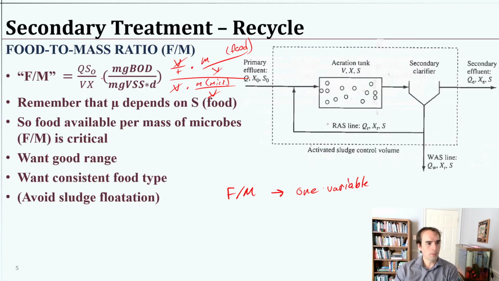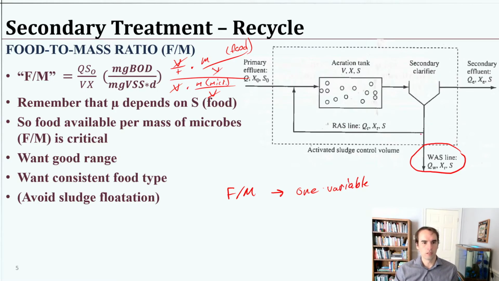And the thing you can manipulate is actually the mass. So depending on what strength your wastewater is, you can potentially change how much mass you're wasting in the waste activated sludge line, because if you increase that, then you're decreasing the recycle.